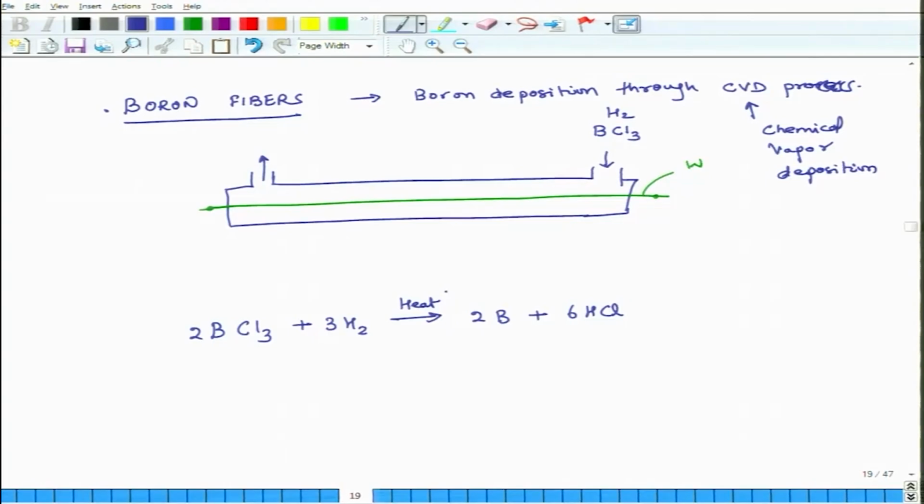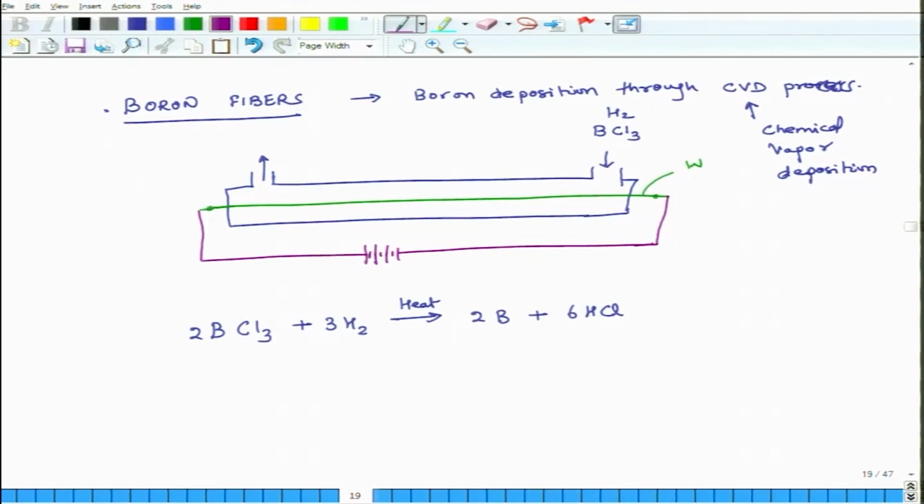So, the way heat is generated is that this is tungsten, so it is a metal thing, and you connect it with some external potential difference. So, only on this wire boron gets generated.